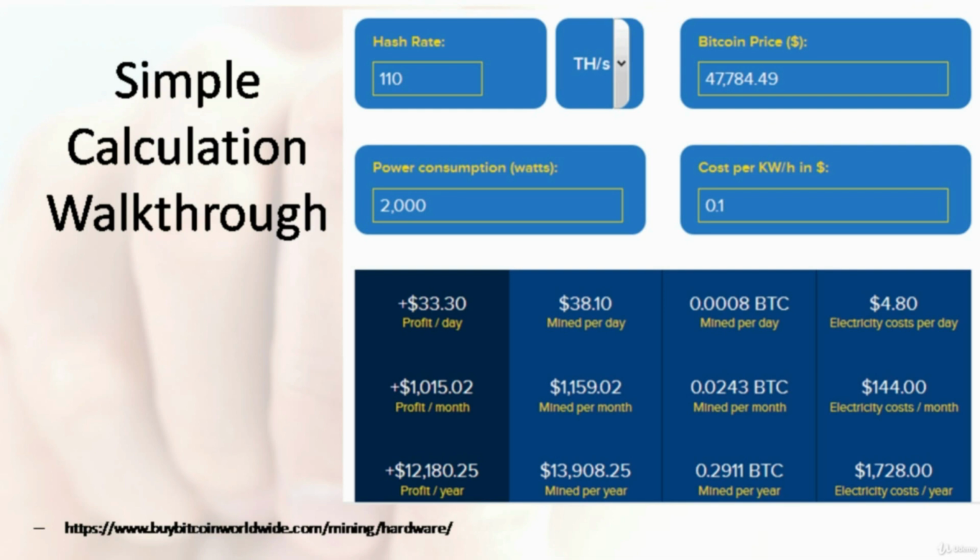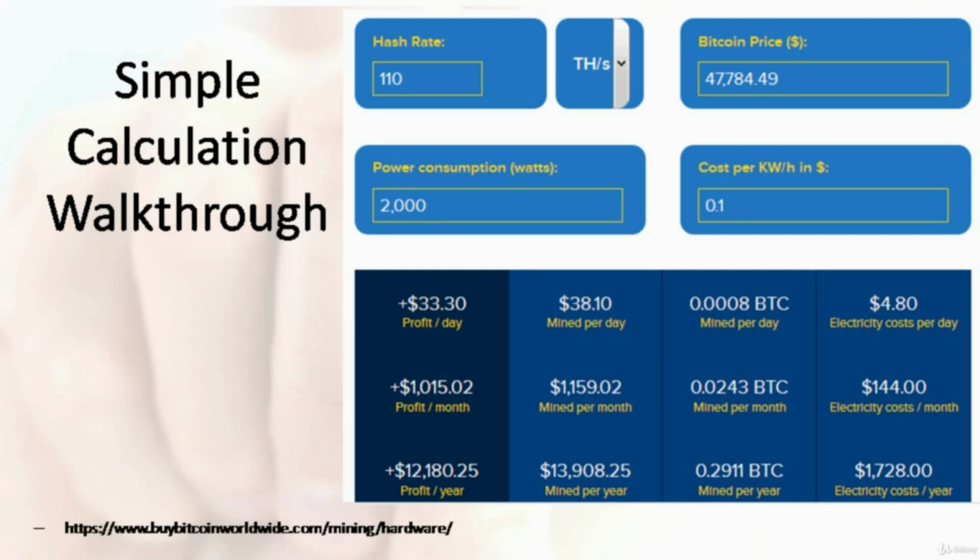There are a lot of these Bitcoin calculators available online, but here I'm going to use the website which is shown in front of you, buybitcoinworldwide.com/mining/hardware. You can actually use any one you want. I just use this for myself. If we plug in the numbers that I've provided as the example, you would see that they produce a lot of details, such as the profit per day, the amount that's mined per day, and the electricity cost used per day.